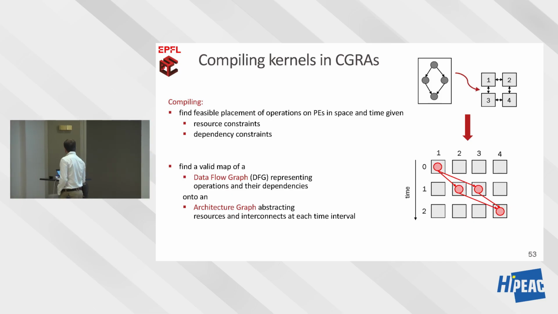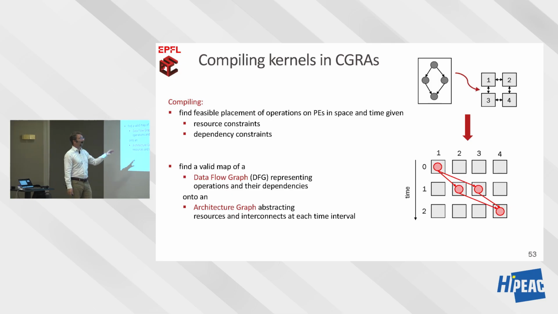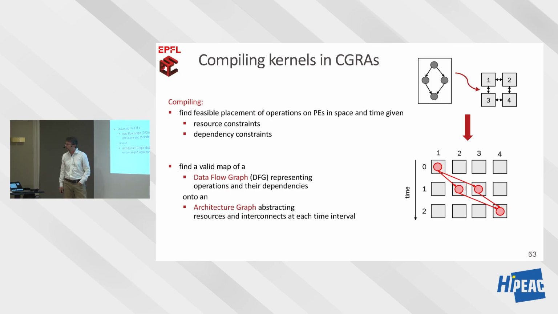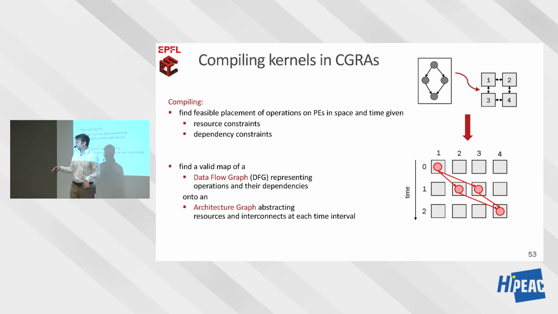Now, I said that we executed loops on the CGRA, and I glossed over how this is actually done. Compiling for CGRAs is challenging because you have a 3-dimensional target.